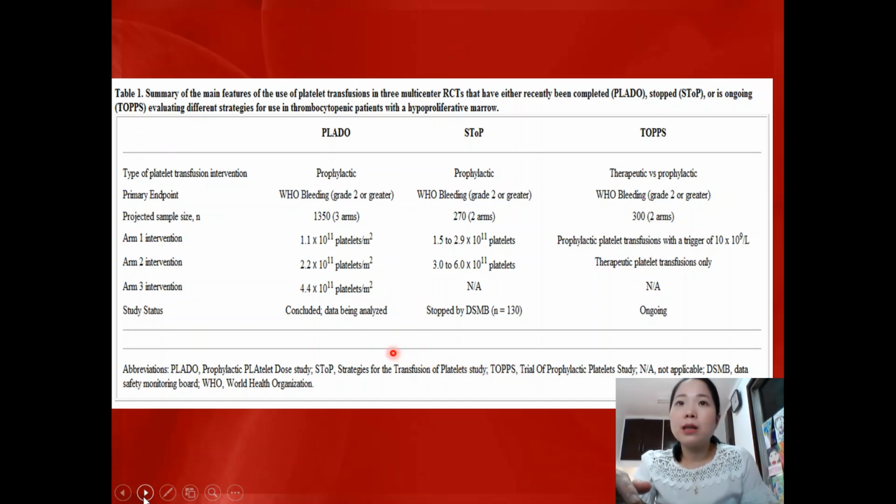Now, these studies actually evaluate the different strategies for the use of prophylactic platelet transfusion among patients with a hypoproliferative marrow. And in general, they have adopted a prophylactic platelet level of at least 10,000 as the transfusion level.